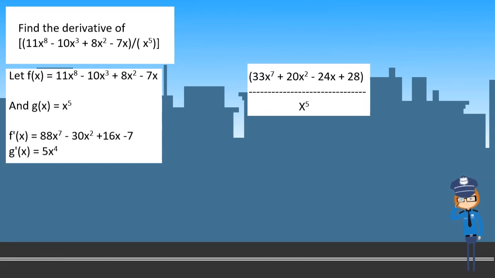Then we will have this answer: 33x raised to 7 plus 20x squared minus 24x plus 28 all over x to the 5.